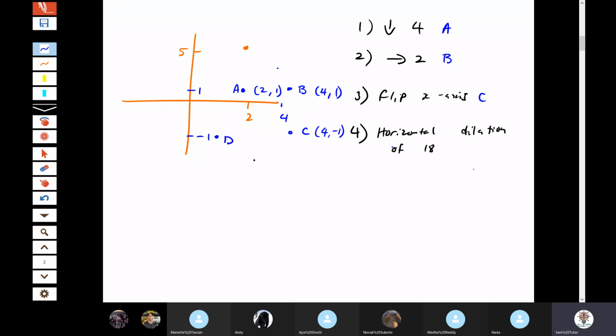So D is now 4 on 1/8 and -1. Do we get that? 4 on 1/8, because obviously it was 1 on 8. You sure? No one's got any questions?